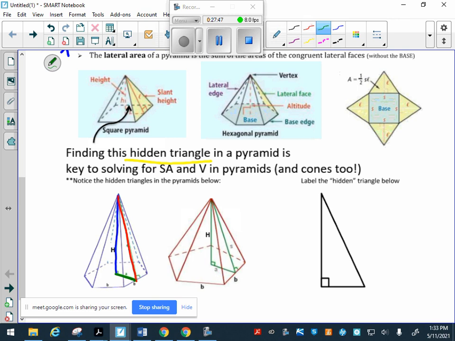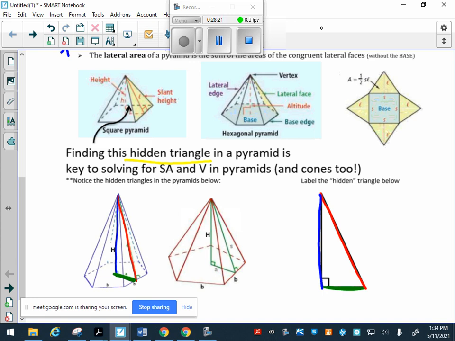Now, that connection right there, can you picture it on the base of the pyramid? What would that length be called? Imagine I have this triangle, right? I put it in there. And I'm talking about from the center to the edge.